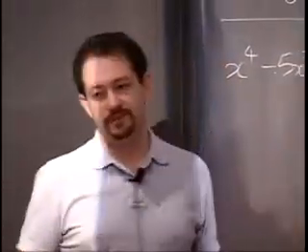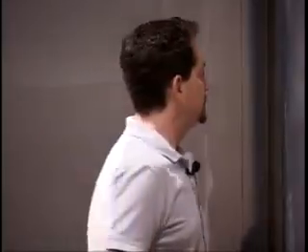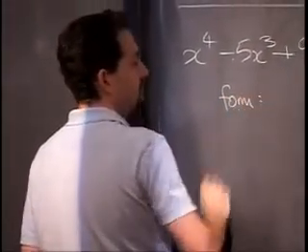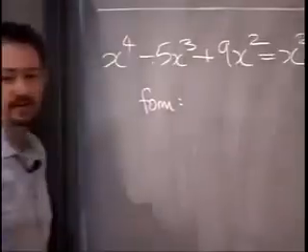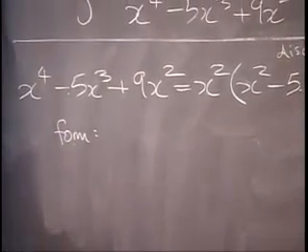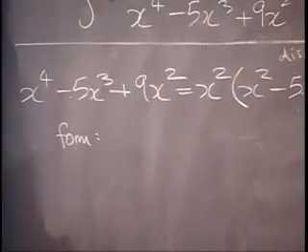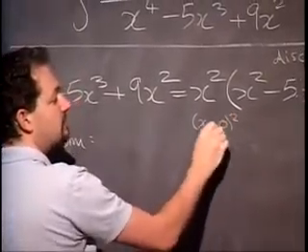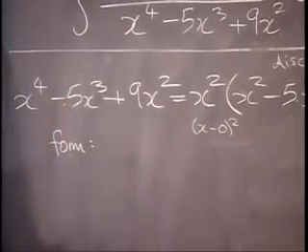What's the form of this? X squared you might think of as a quadratic. But I want you to think of it as, in this context, x minus 0 all squared. Think of it as a power of a linear function.